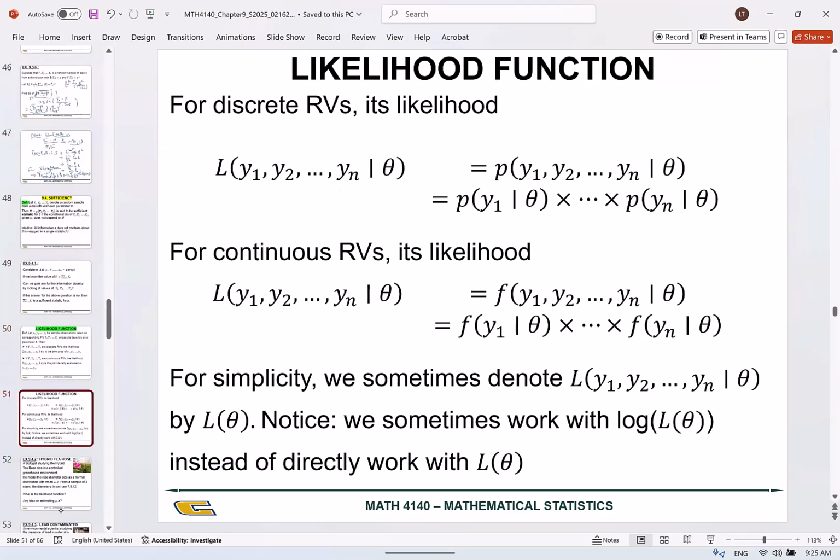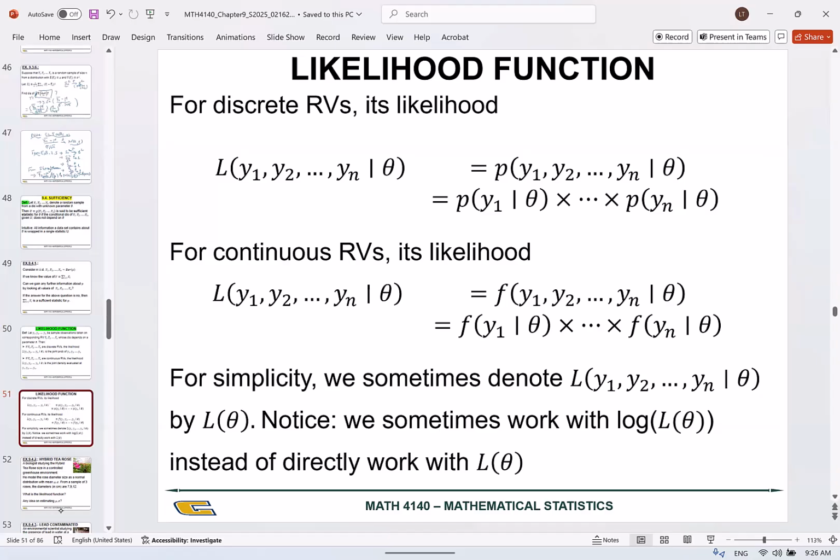Because we have n independent observations, the likelihood function for the discrete case is just the mass function at each point: p(y1 given theta), p(y2 given theta), up to p(yn given theta).